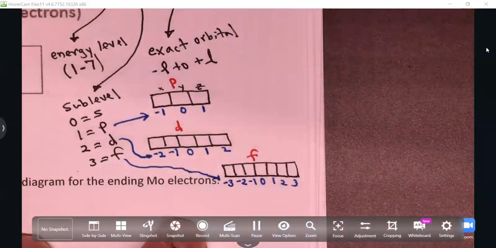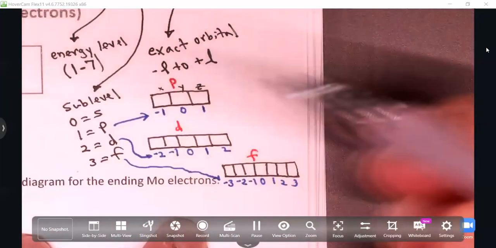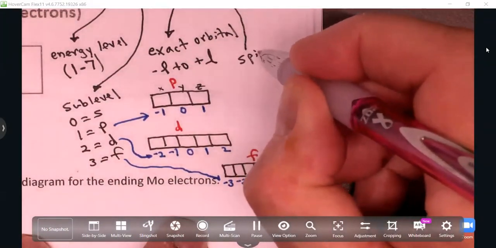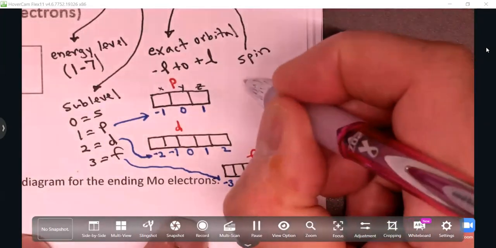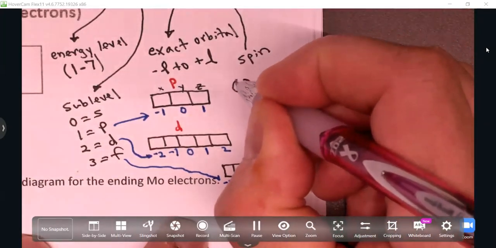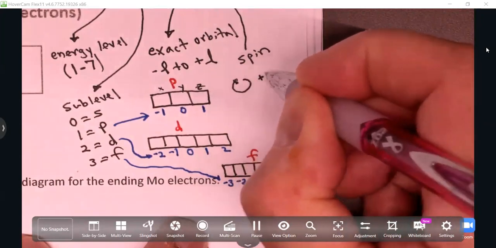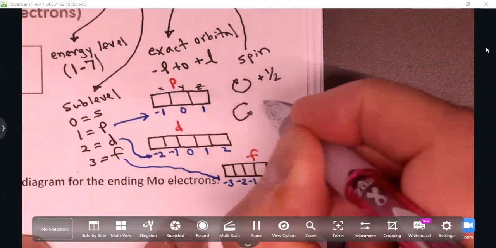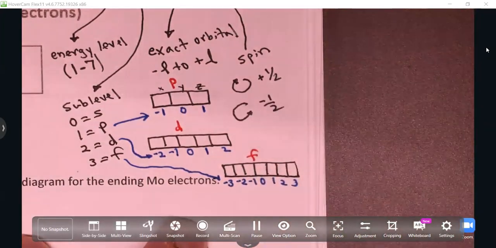Then the last number is just the spin: plus 1/2 or minus 1/2.